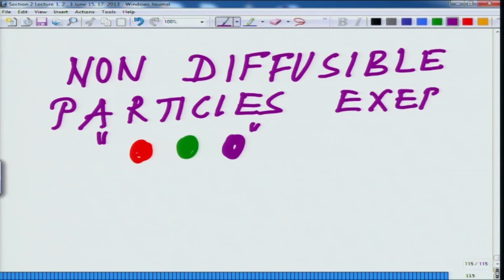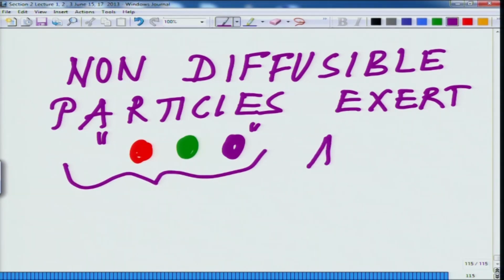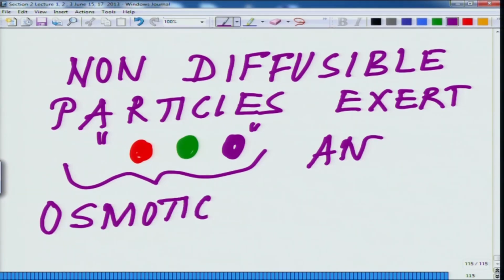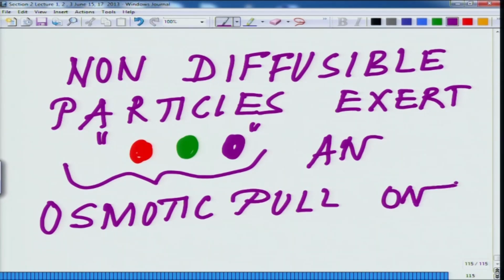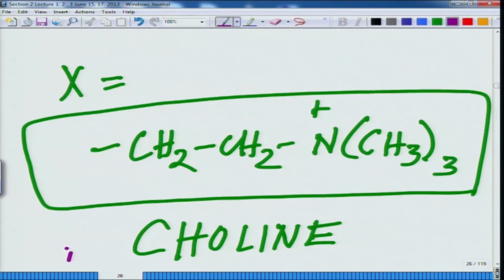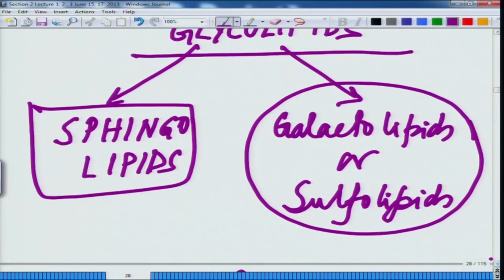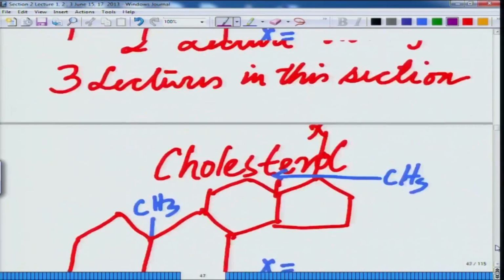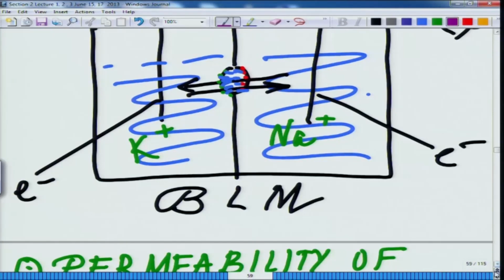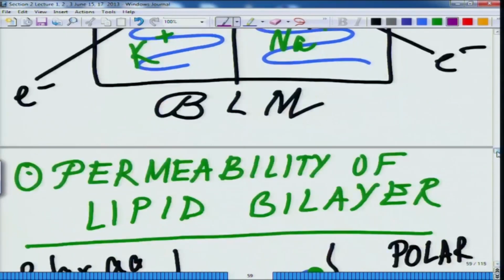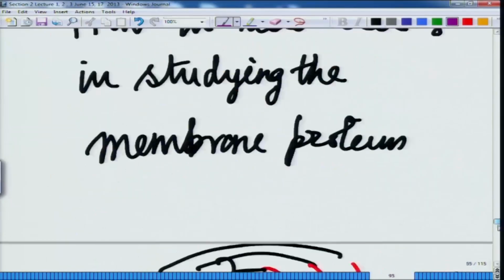exert an osmotic pull on water. Sorry, I just missed the slide, kindly pardon me.